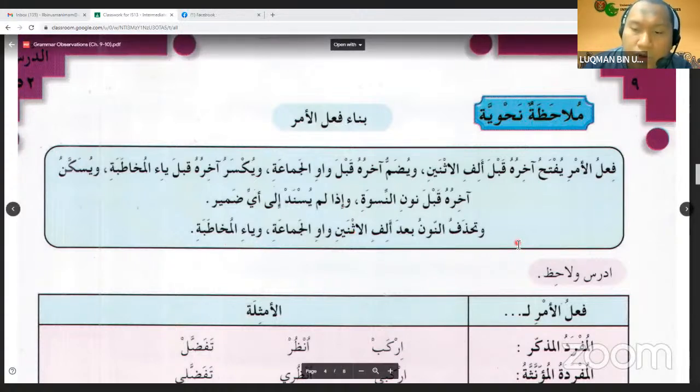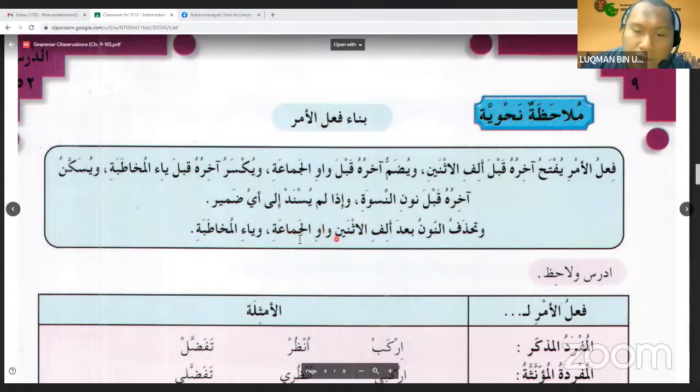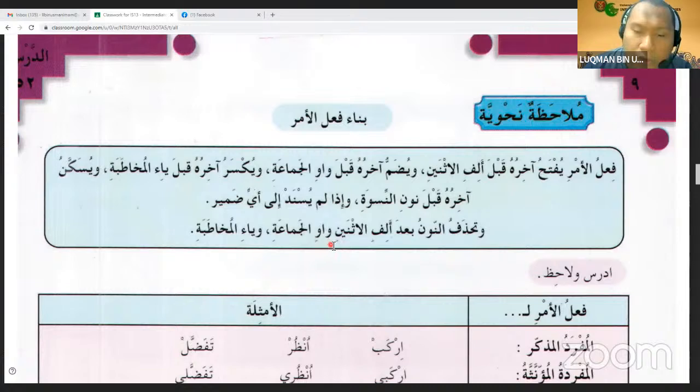So the noon of the alif al-ithnain, we know that ani, aini, the alif and nun, when we say dual, it has also always nun, and also the waw al-jamaah, muslimuna, etc. So this waw al-jamaah, the plural waw, the dual alif, and the ya al-mukhataba, like tagsilina, tastayqidina, the second person feminine ya.